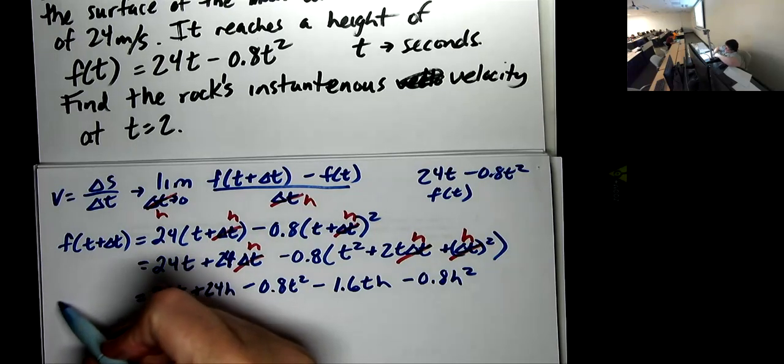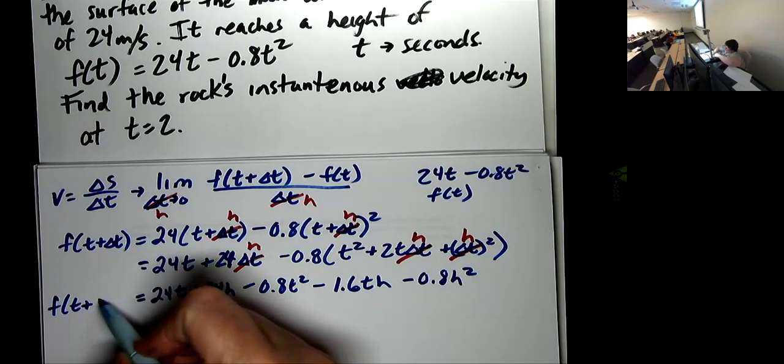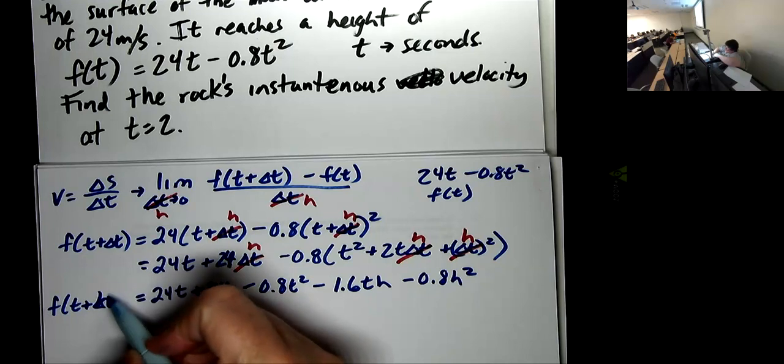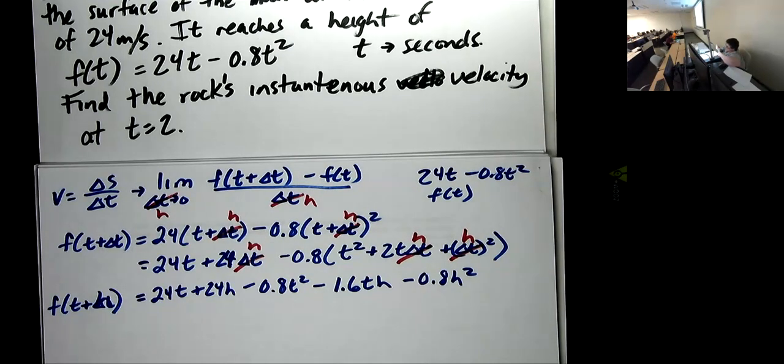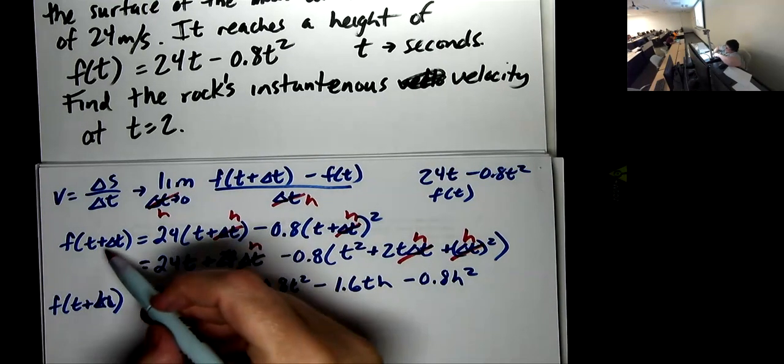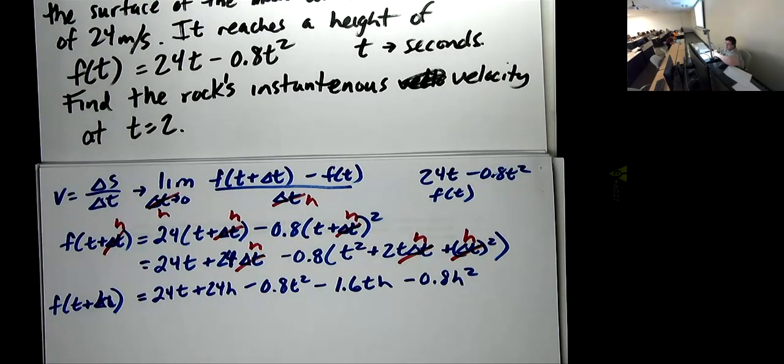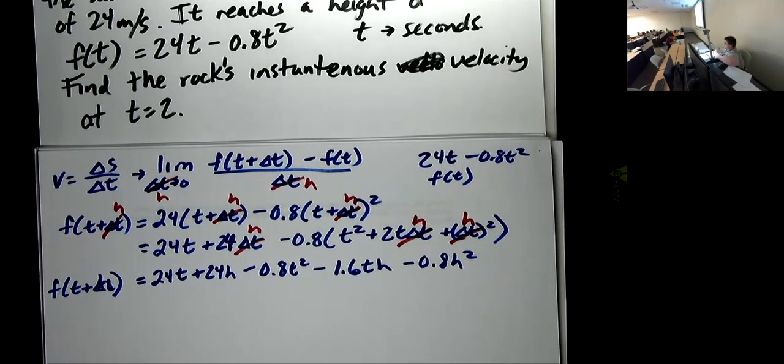That's my f of t plus delta t, or t plus h. We still got to put it all together. Is everyone kind of with me? Is everyone getting a little bit more comfortable plugging in, making these substitutions into f? It makes a little bit more sense each time you do it.